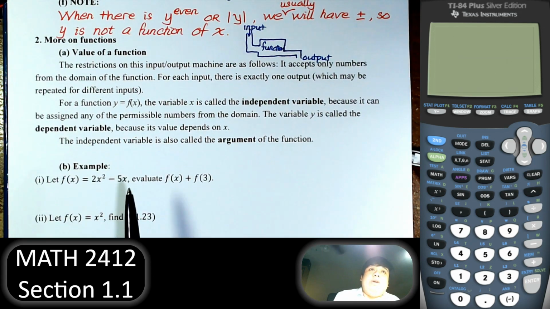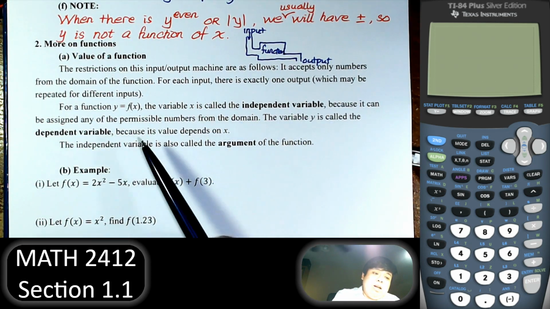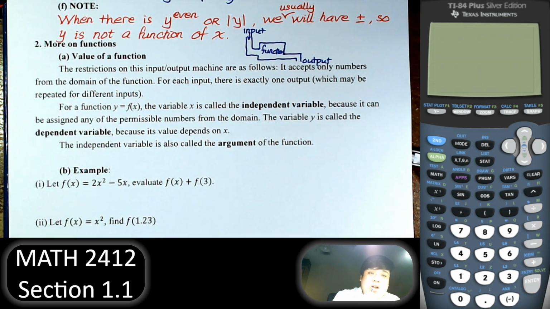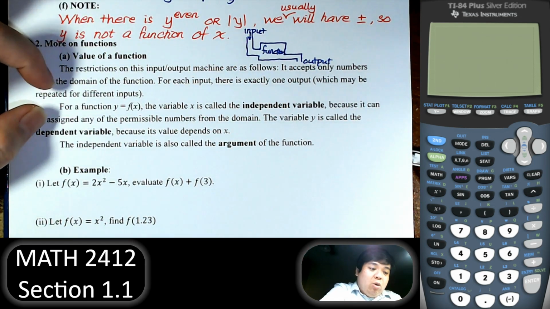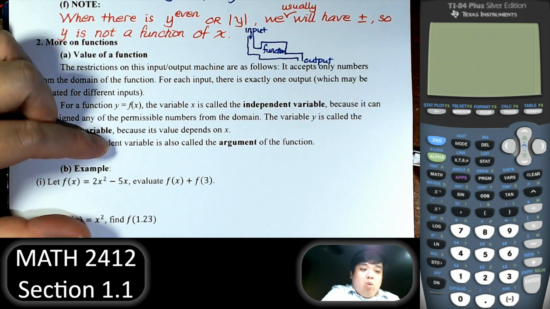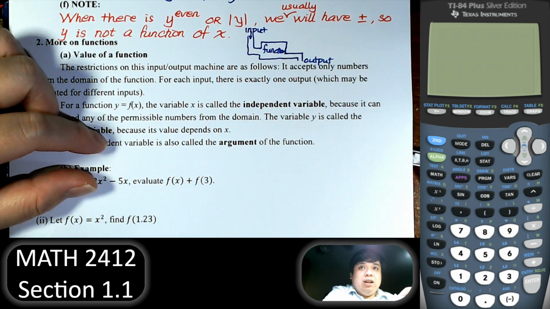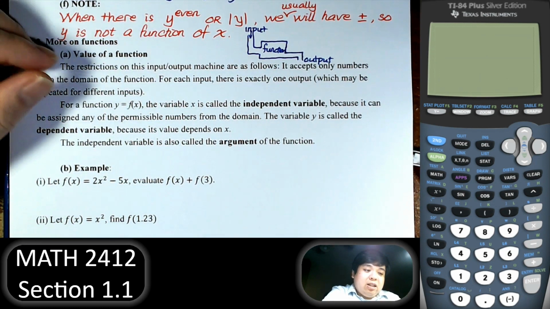Right. Some more terminology. X is called the independent variable because we can take any value in the domain, so it is independent. The variable y is called the dependent variable because y depends on x. X can be chosen independently, so that's why we say independent variable, and y depends on x.